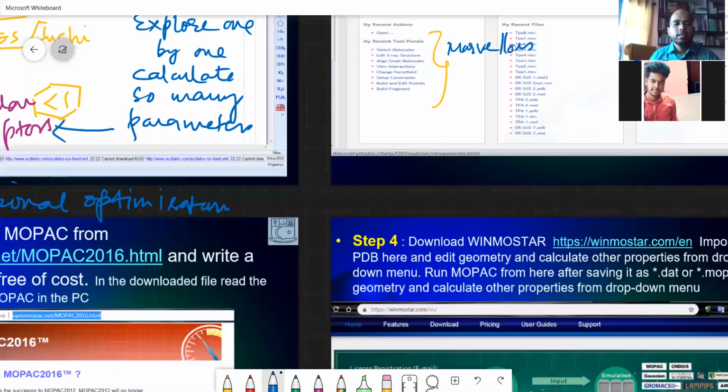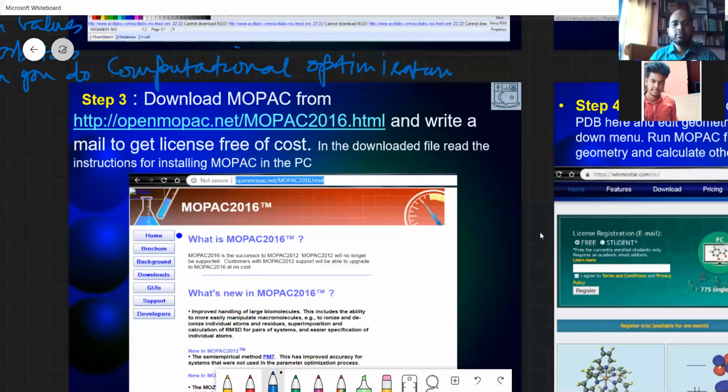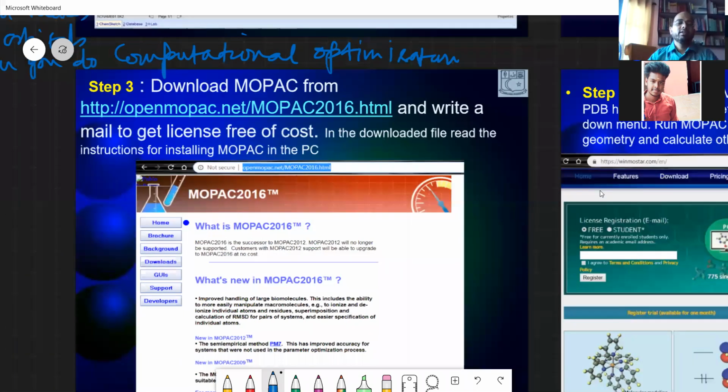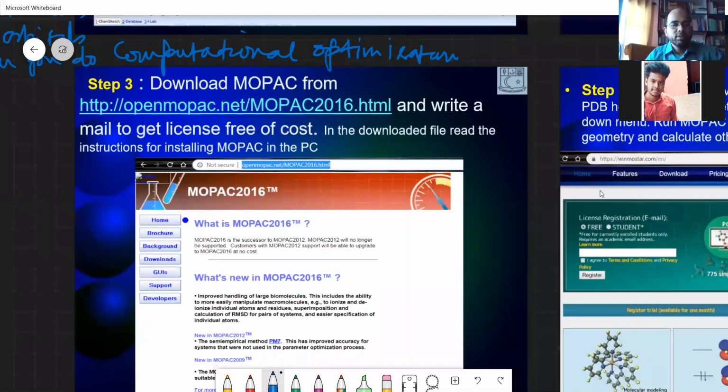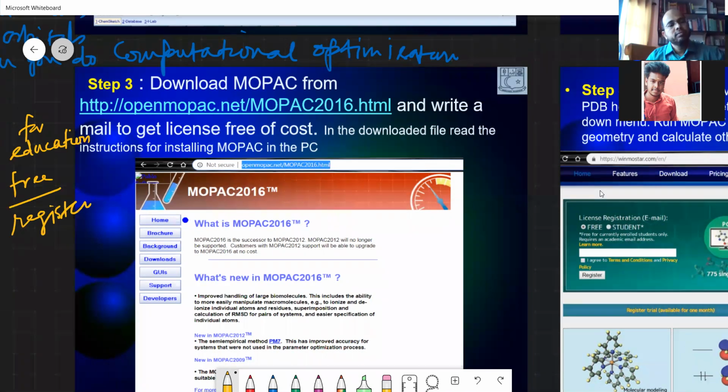Okay. Coming to the third step, you have to download Mopac. Mopac is free only for educational purposes. For education, it is free. So you can register using your mail ID and get the Mopac.